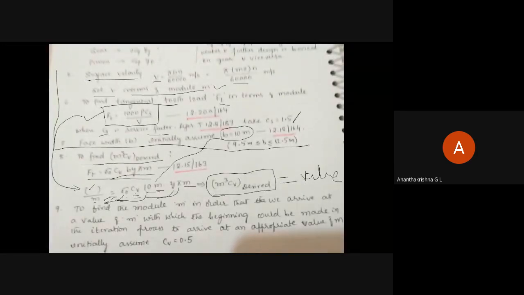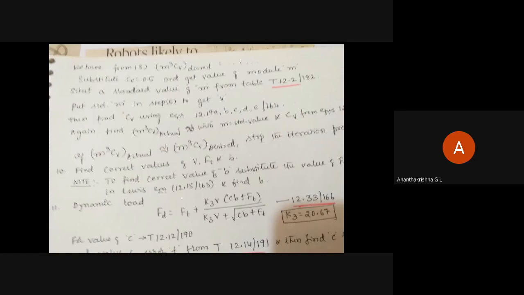Now I have this value. Maybe you imagine there is a value of some 9,000. So I have m cube here, I have CV here. Now, how do I get the value of module m? Initially we are going to assume CV to be equal to 0.5. Then I am going to get the value of m.